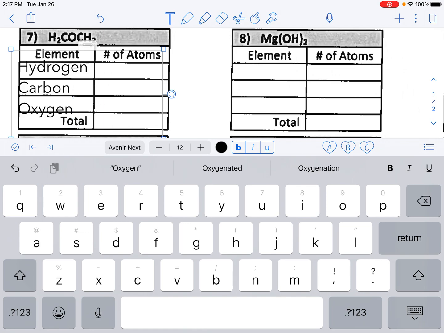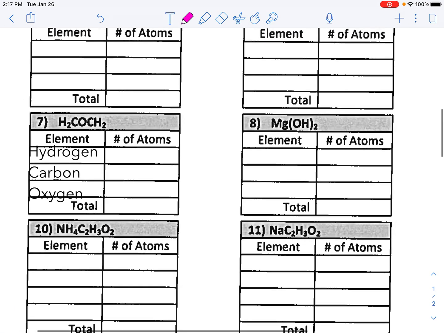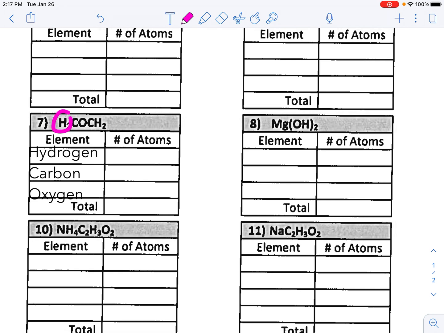I have another C, but I already have those written down, so I only write them once. When I look at this H2 right here and this H2, they get added together, so I have 4. And I have a carbon at the beginning and a carbon at the end, so I have a total of 2. And then I have that oxygen in the middle, so I have 1. So there's a total of 7 atoms right there.